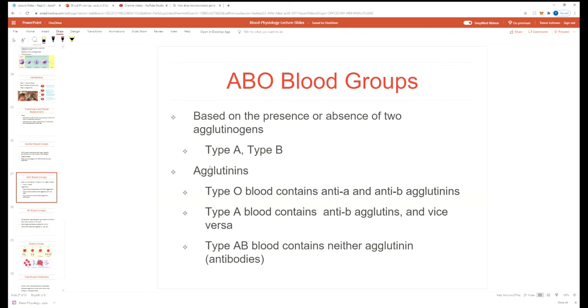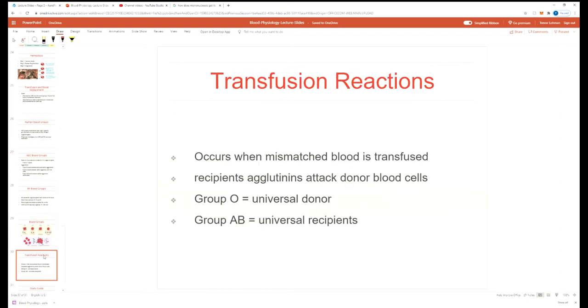Okay, I'm going to skip down several slides here, and then I'll come back. This is so crucial. Here we go, let's highlight it. This particular statement will be necessary for you to memorize. Very rarely do I say you have to memorize things verbatim, but the recipient's antibodies, so put antibodies there.